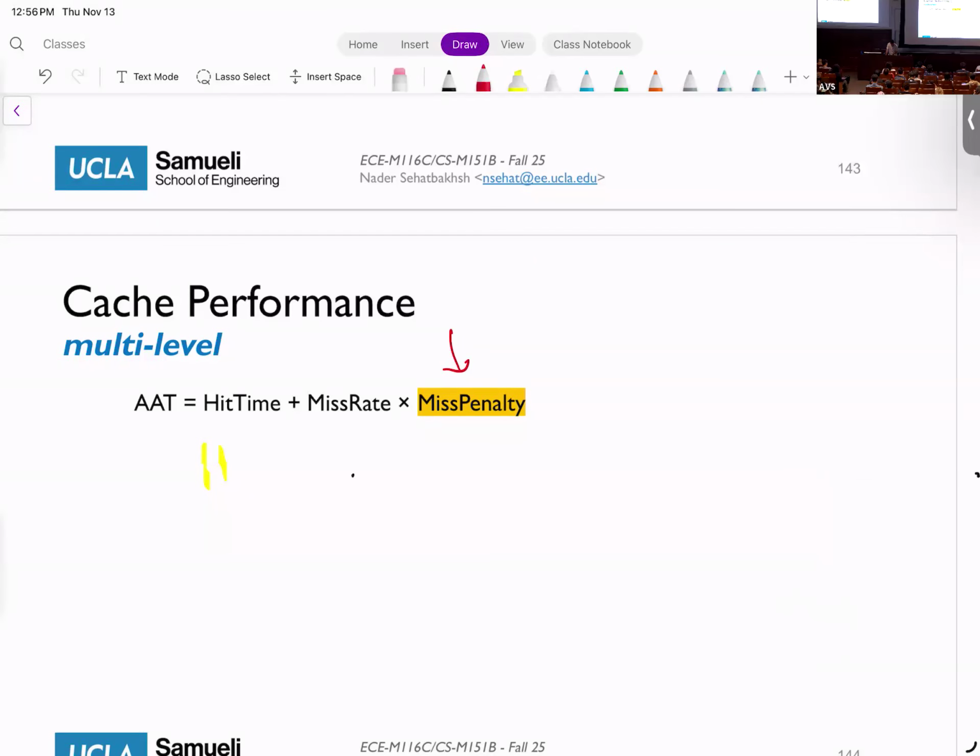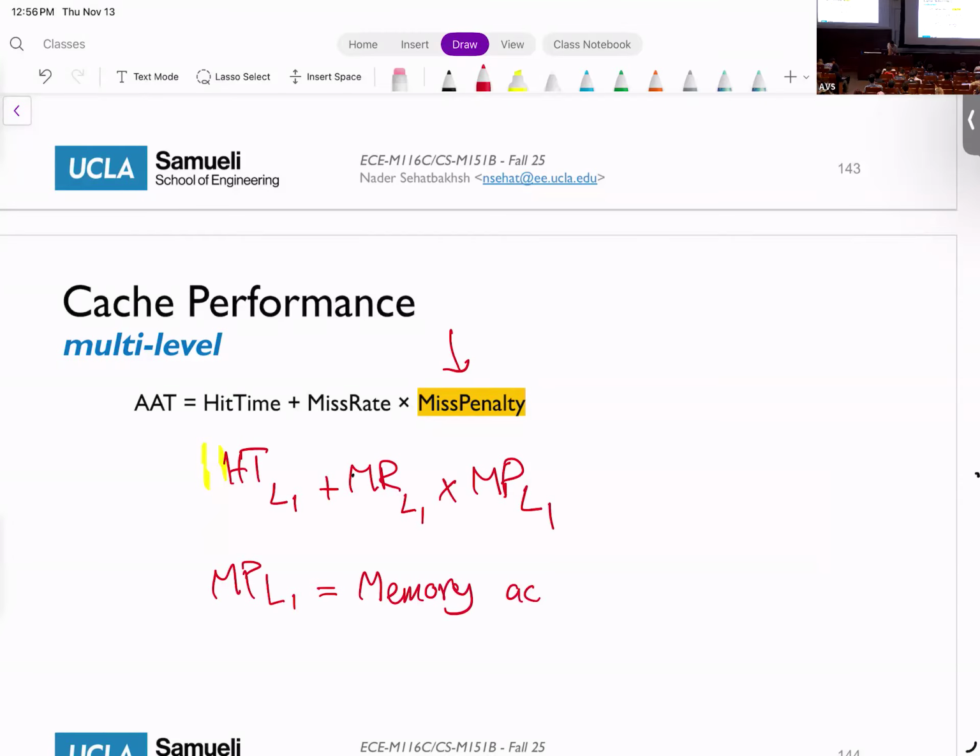Your average access time is the hit time of your level 1 plus the miss rate of your level 1 times the miss penalty of your level 1, right? And then if I have only one level of cache, my miss penalty of level 1 is equal to the memory access time, okay?